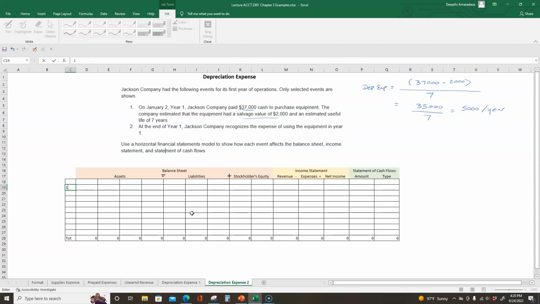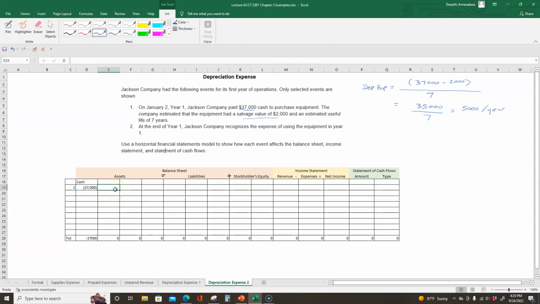How did this affect the financial statements? We know that cash decreased because they purchased this equipment with cash. Cash is an asset, and cash decreased by $37,000.